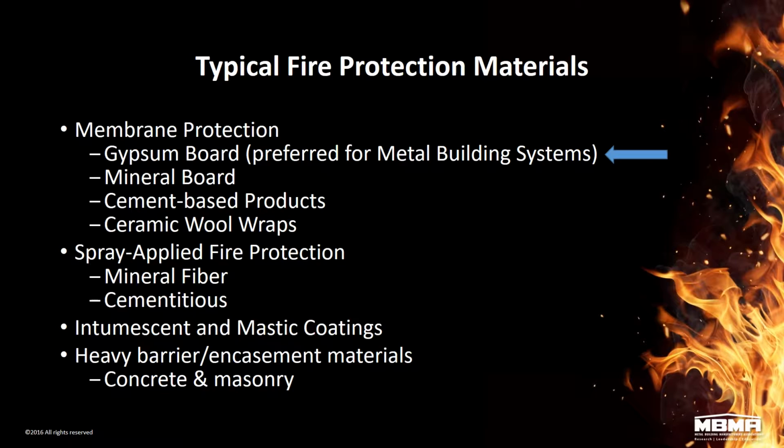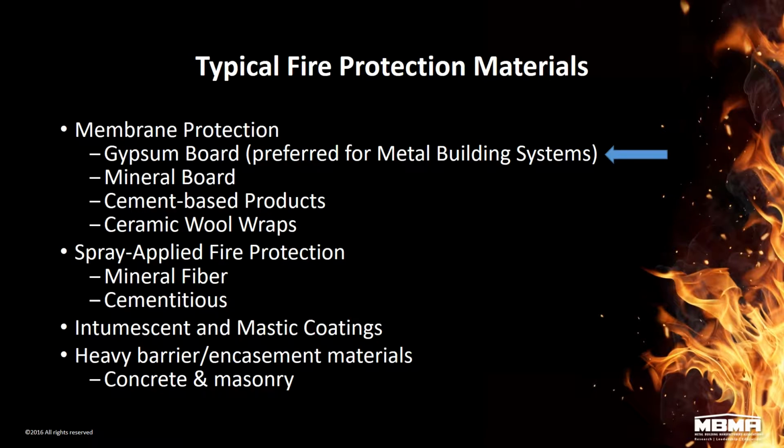The types of fire protection materials: there are membrane protection and the gypsum board. Gypsum board is the material of choice for metal building systems and has been for all of these decades, and the reason is both the efficiency and the performance of the material fits the needs.